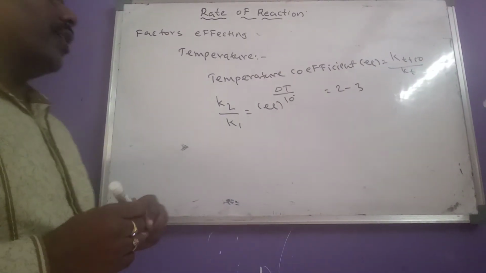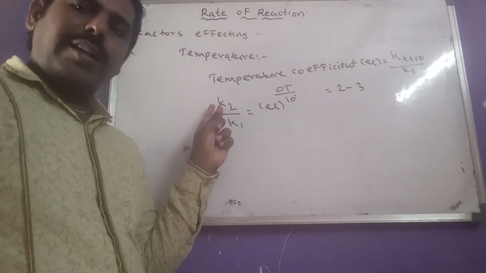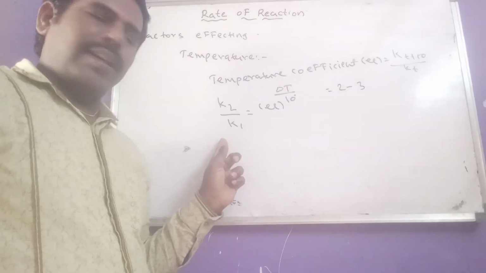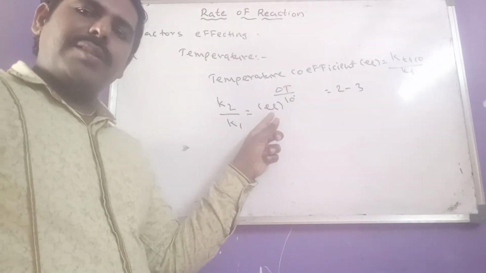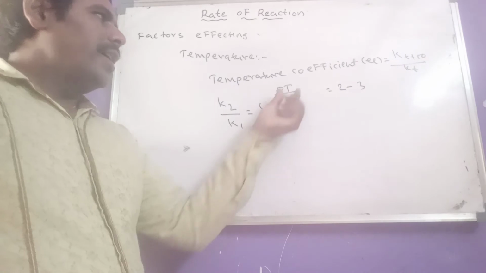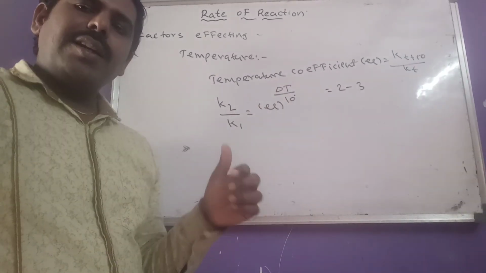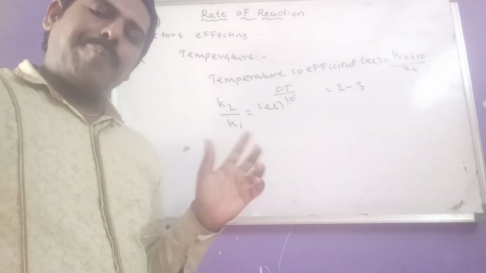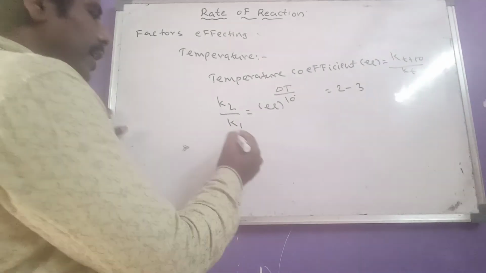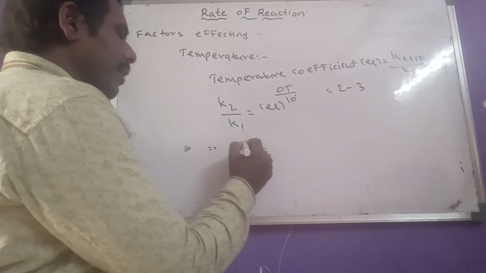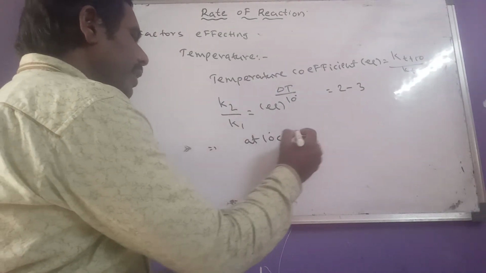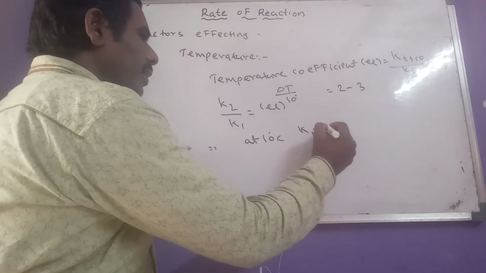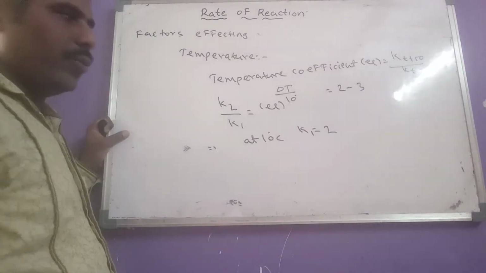This is the formula to calculate K2 by using K1 and this temperature coefficient value. Here delta T means change in temperature. See here, for example, for a reaction at 10 degrees centigrade, rate constant value is 2.